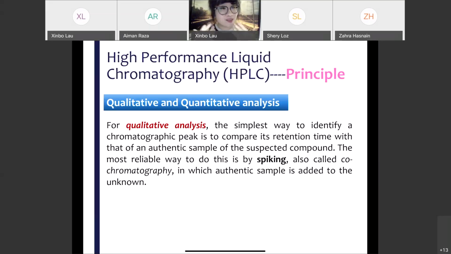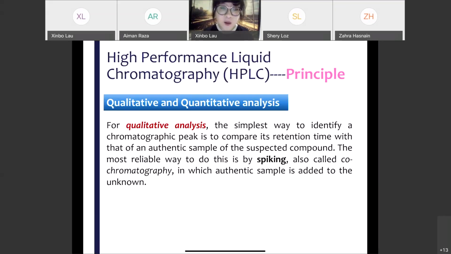Another way is to do spiking, which is also something we learned earlier. We use the same sample and inject manufactured pure benzyl alcohol as well. If it shows up at 2.3 minutes, you go, okay, I'm certain that my sample has benzyl alcohol, because I did a spiking and my peak at that retention time increased, matching the benzyl alcohol.